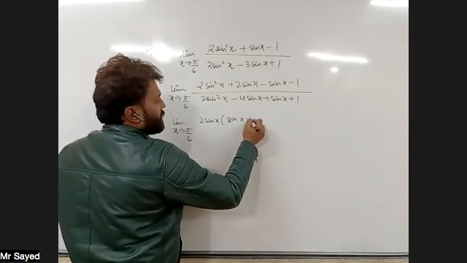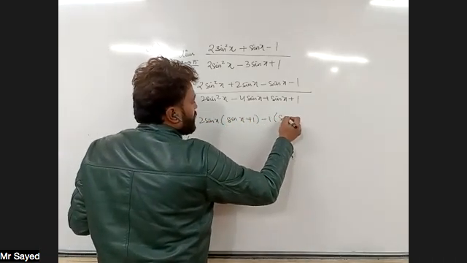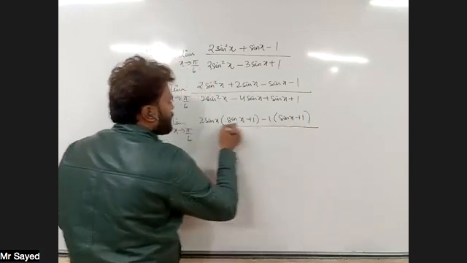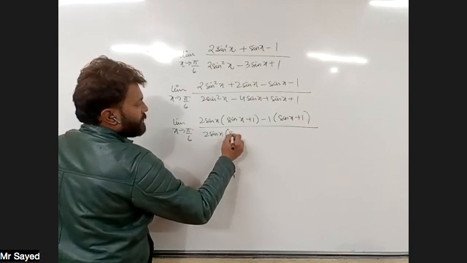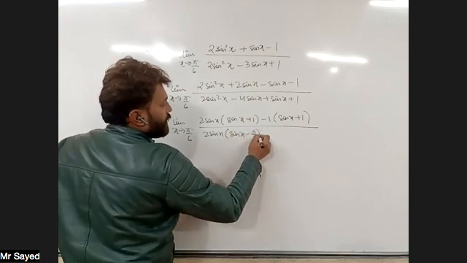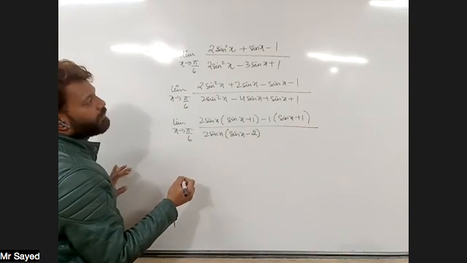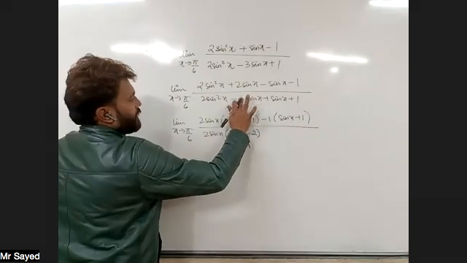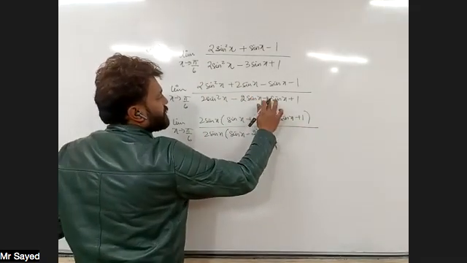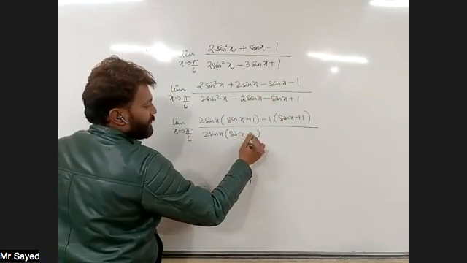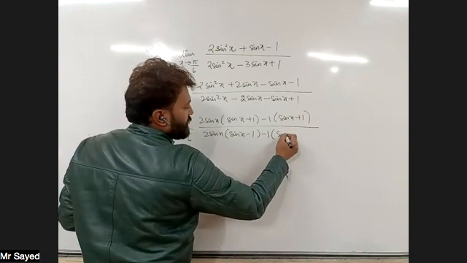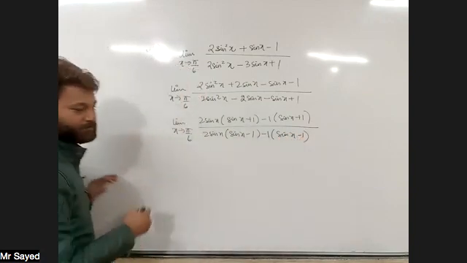This will be sine x plus 1. Minus 1 common, sine x plus 1. Whole upon 2 sine x common. This will be sine x minus 2. So sorry. It should be minus 2 sine x and minus sine x. So this will be minus 1 common and minus 1 common. This is also sine x minus 1.